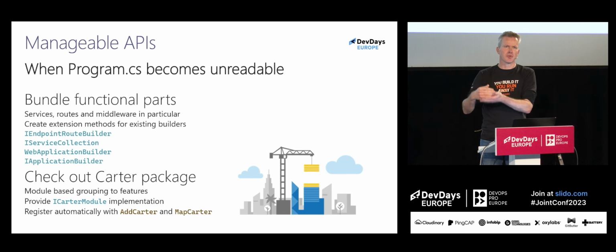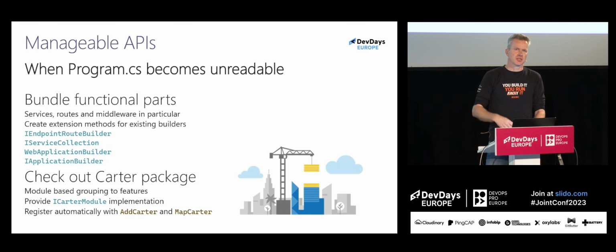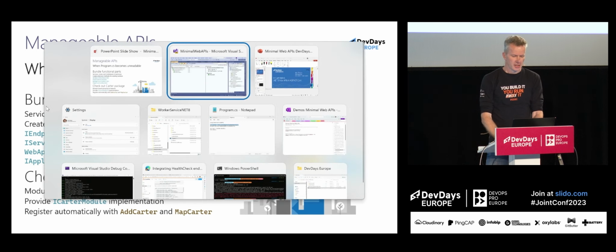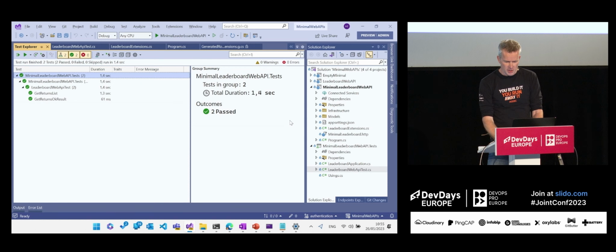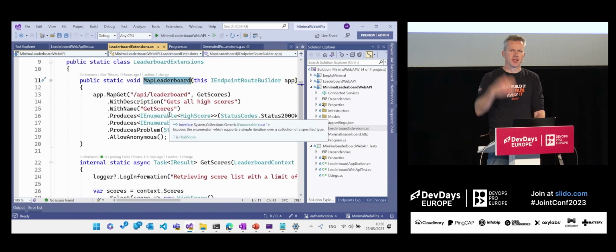It probably has some things like versioning, maybe some authorization, the endpoints that you want to expose, the dependency injection things that need to be registered, and you can use all these things to build on top of that. And so this leaderboard extensions is an extension class where you pick one of those types, like the endpoint route builder, and you put them into this single method that does all the mapping. So this is nicely hiding it away.